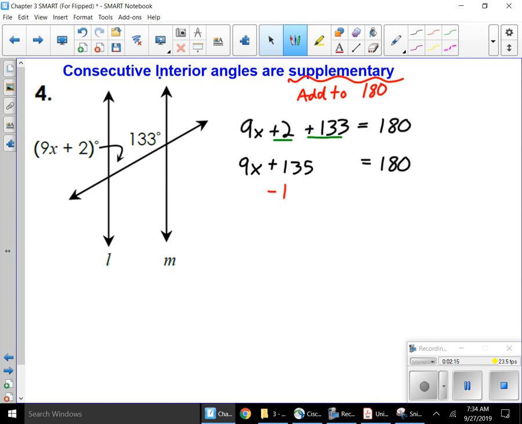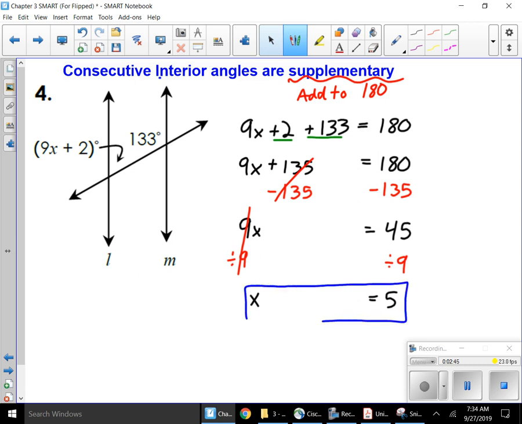Solving this, we can subtract 135 from both sides. That'll leave us with 9x equals 45. And then to isolate, to get rid of that 9, get x by itself, we can divide both sides of this equation by 9. And that will give you that x is 5.